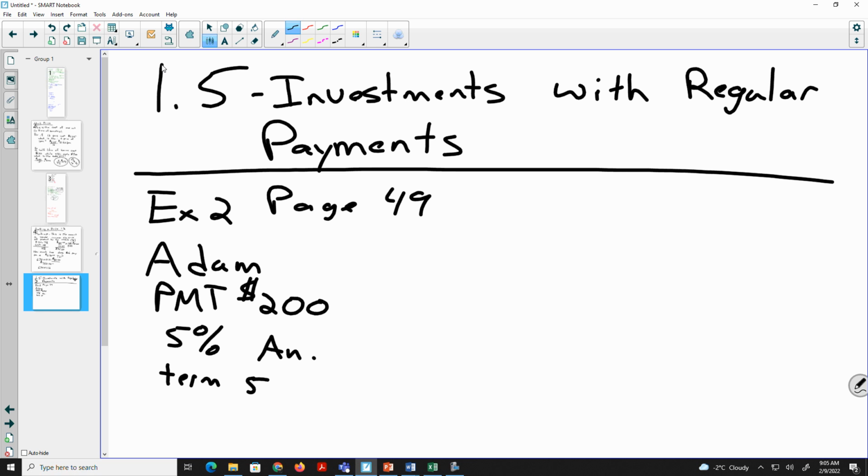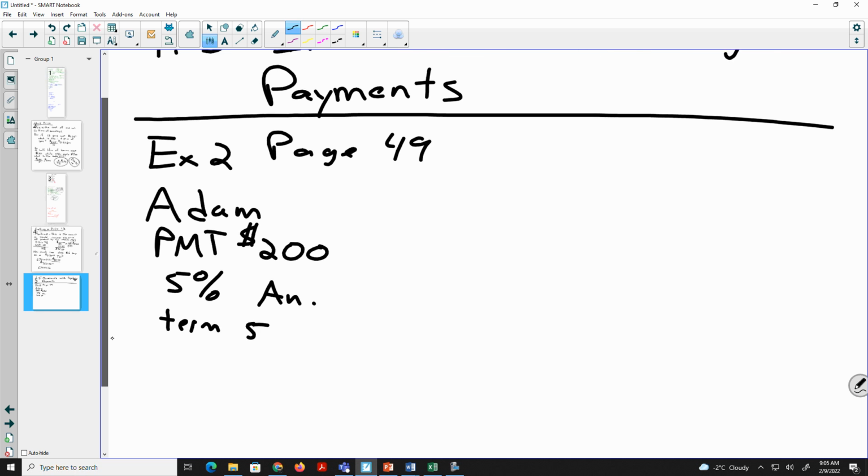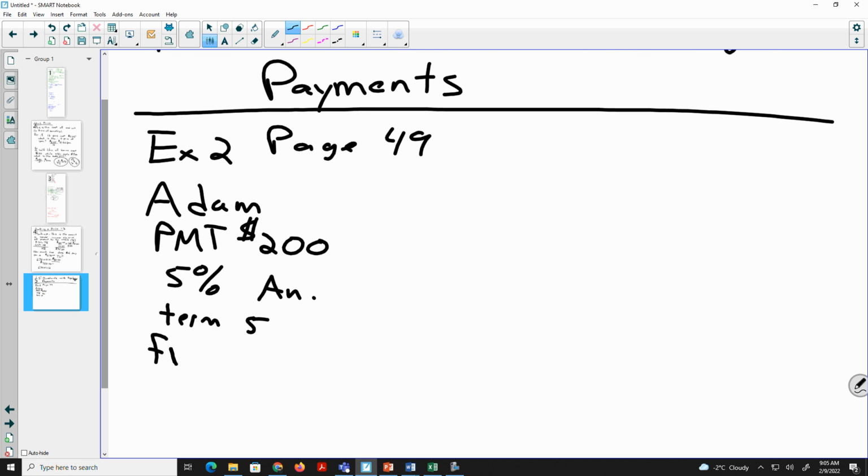Okay, so we're going to find out what that was worth. So, future value is unknown. The present value, he started at 0. I just started putting $200 in a year. Okay, so present value is 0.